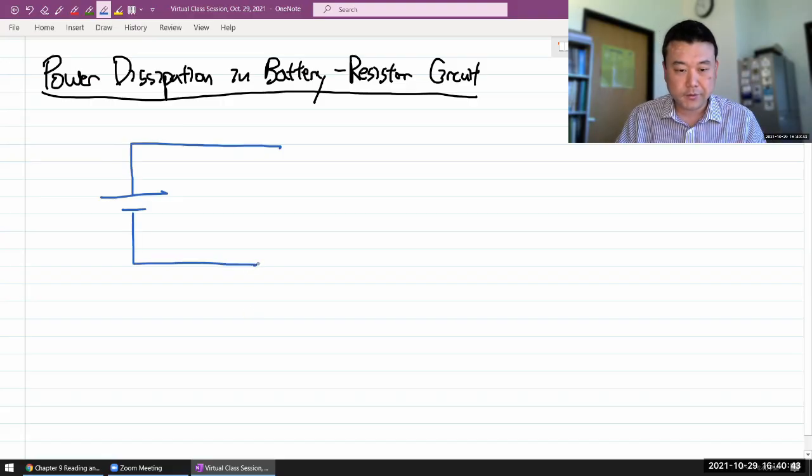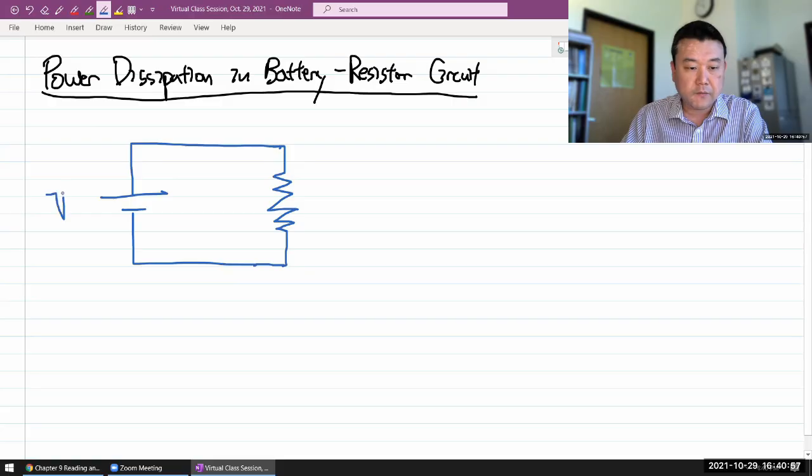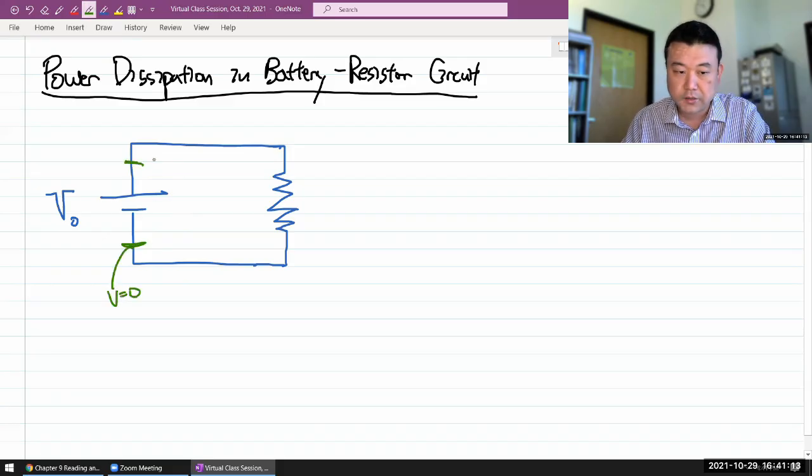Elsewhere you will hear me give a better description of a load. Here, our load will be a resistor. This comes at a place where we just talked about Ohm's law. If we have some voltage that's provided by the battery, it's the voltage difference between these two points. If I call this point voltage equal to 0, then the voltage at this point would be V naught.